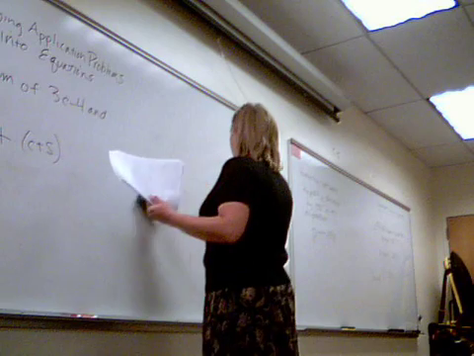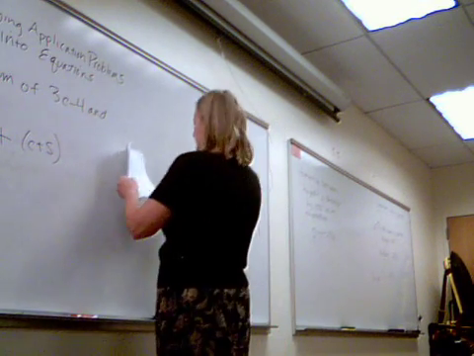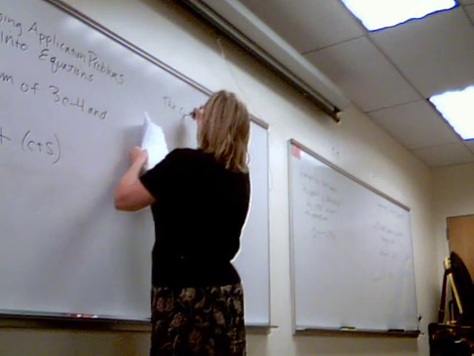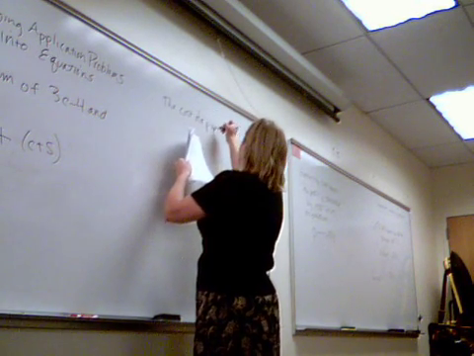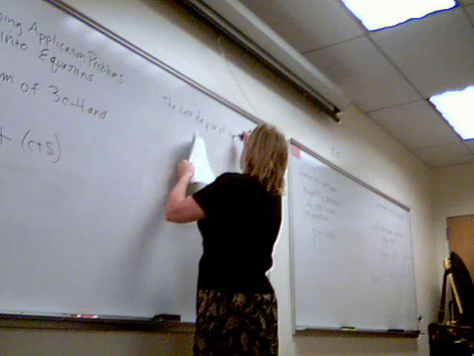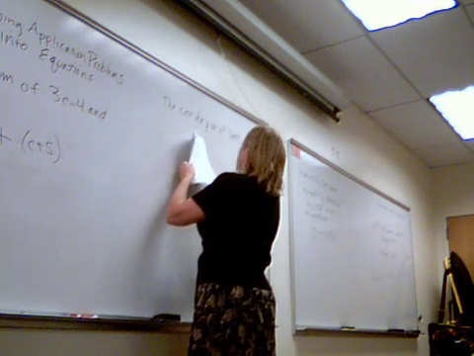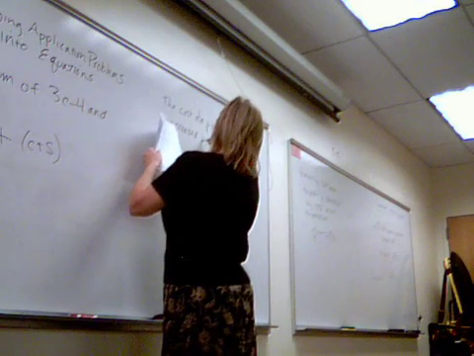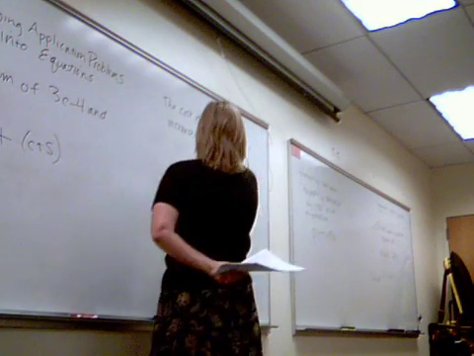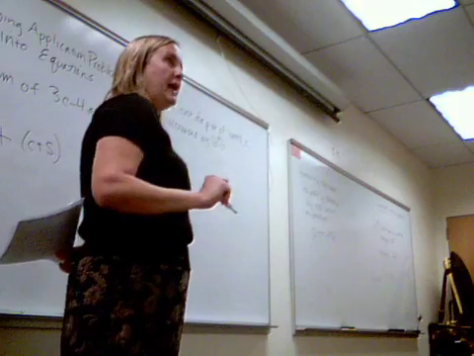But sometimes you add them. And here's an example where you would add it. The cost of a pair of boots, C is the cost, increased by 6%. So in this one, I'm not subtracting, I'm adding.